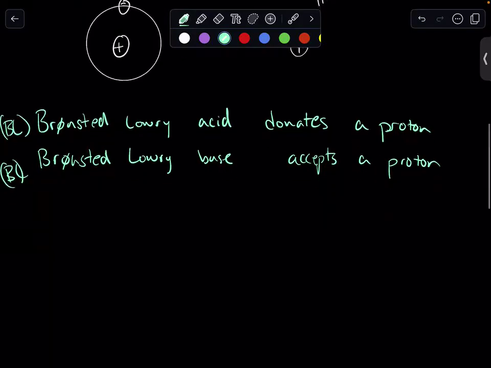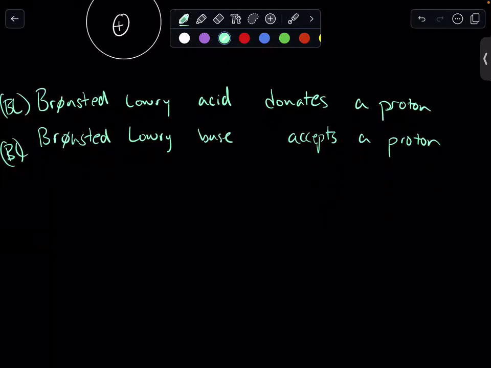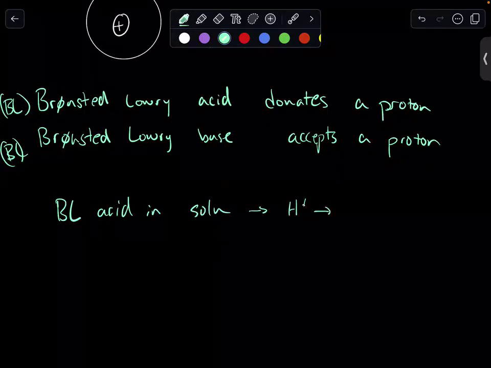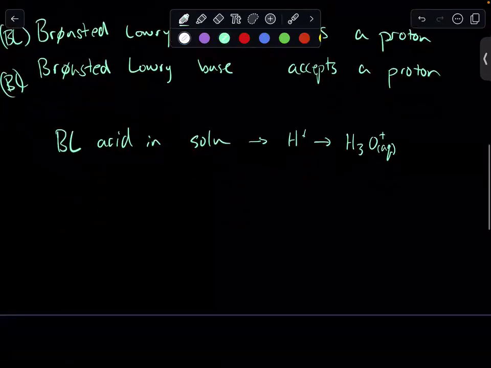So when we put a Bronsted-Lowry acid in solution, the hydrogen converts to hydronium in a reaction with water. So we'll see what that looks like.